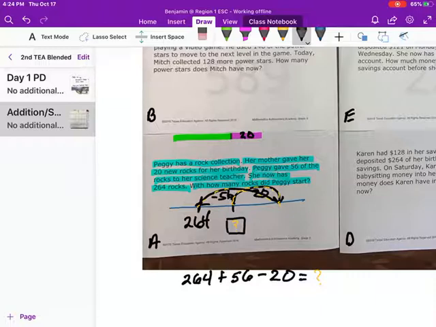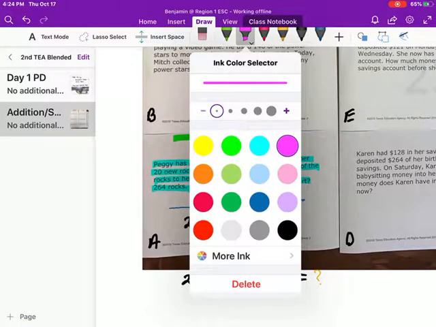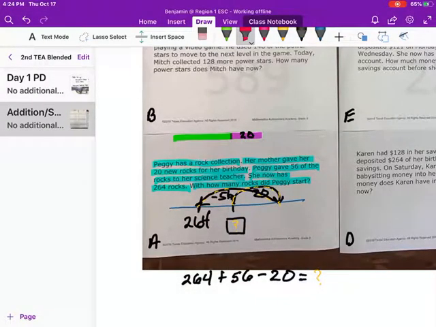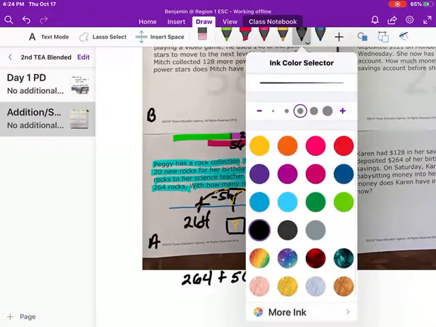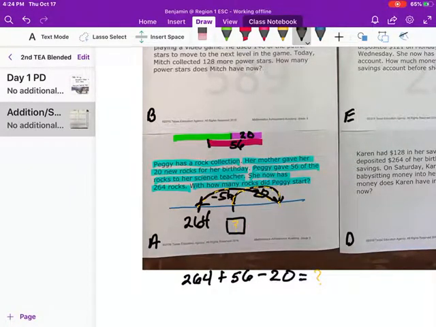Peggy gave 56 of those rocks away, so we're going to denote that as giving away. Therefore, from here I'm going this way, and I'm giving 56. Peggy gave 56, and she now has 264. So I know this result here is 264.